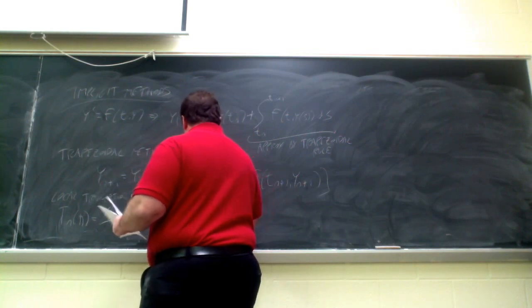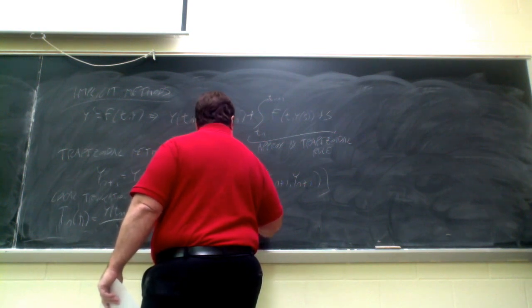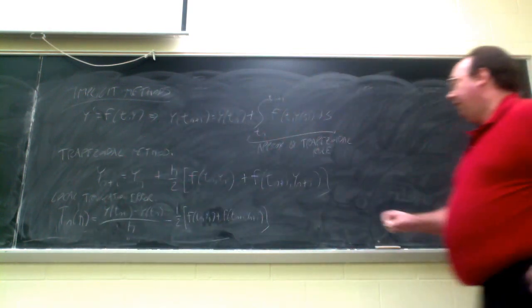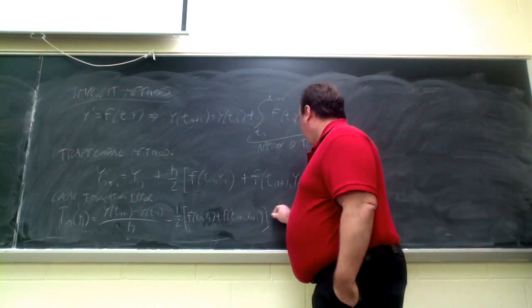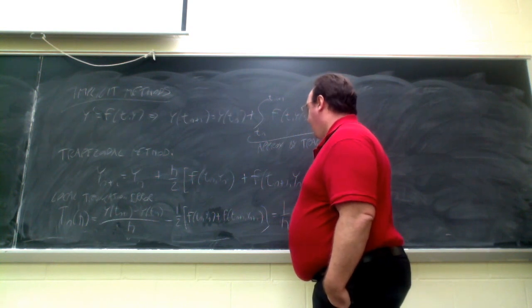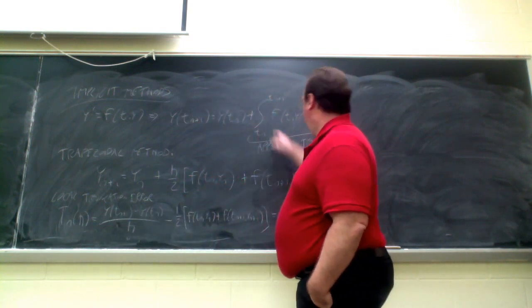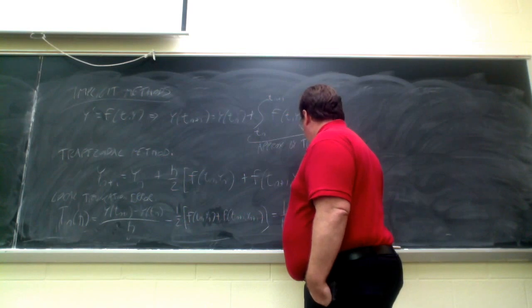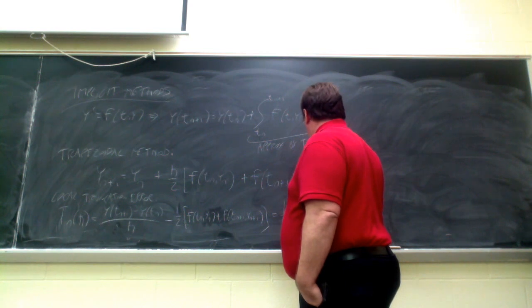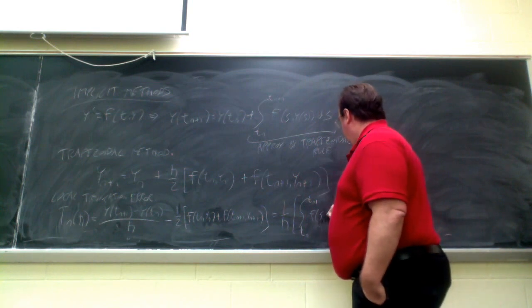I can write this by factoring out a 1 over h, and then, what is y of tn plus 1 minus y of tn? That's this integral. That should be an s, because s is my variable of integration here. Y of s.